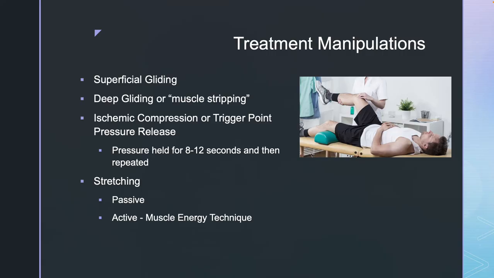So when you do stretching with your clients, again, you can do it passively and completely let them lay there and go through the range of motions, or you can have them help. The active technique is when we're using something called muscle energy technique. That is when the client is helping us so that we can deactivate a tense area by contracting it and getting it tired.